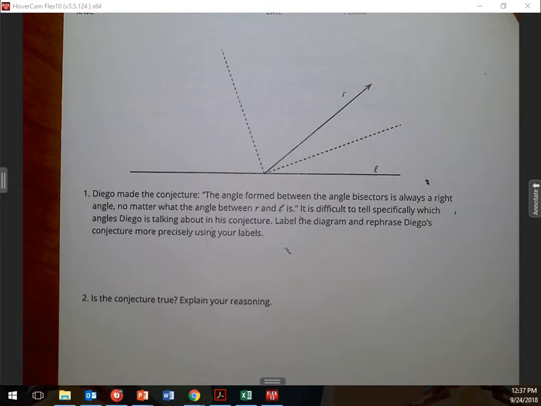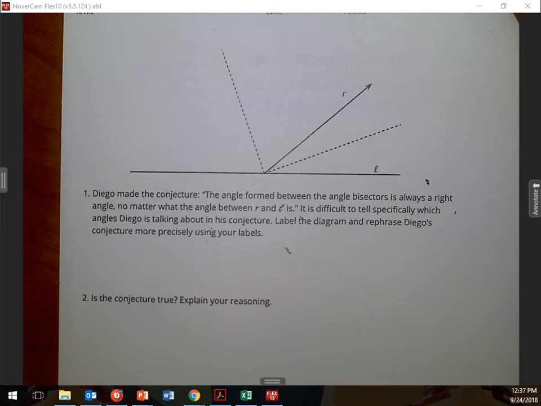Here's L and there's R. It's difficult to tell specifically which angle Diego is talking about in his conjecture. Label the diagram and rephrase Diego's conjecture more precisely using your labels.